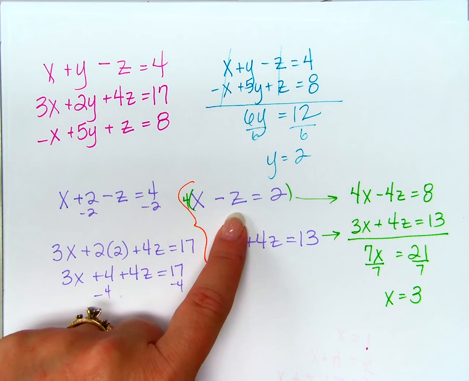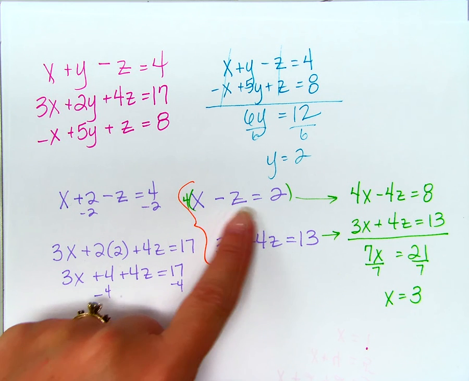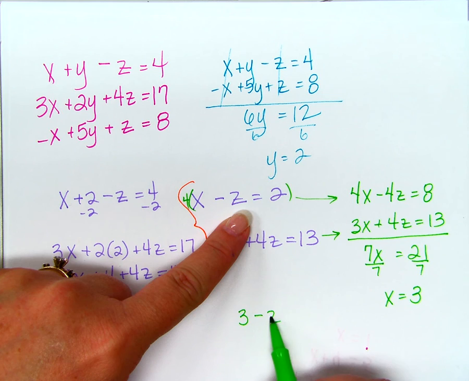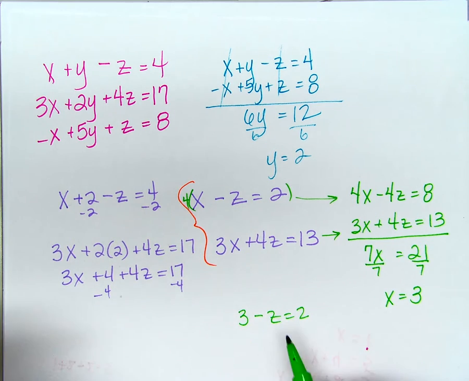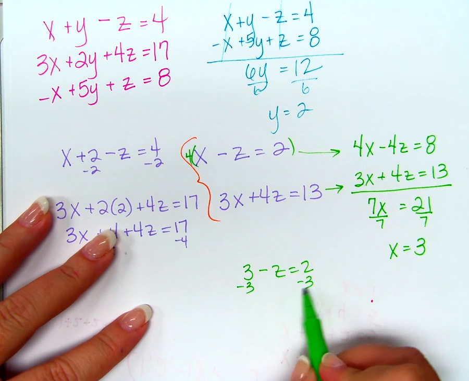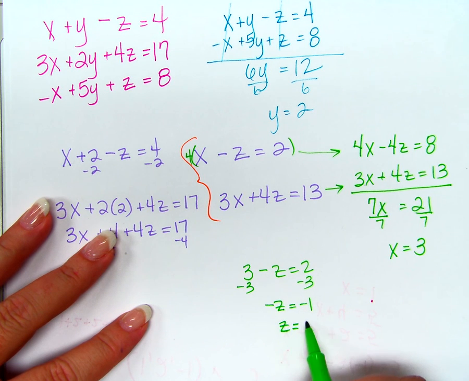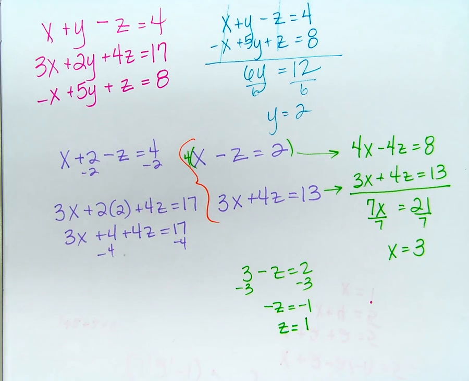I would go right here. Wouldn't that be a little easier? 3 minus z equals 2. If I subtract 3 from both sides, I get negative z equals negative 1. So z equals 1. What's my answer?